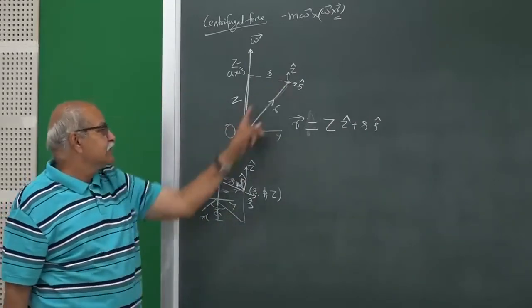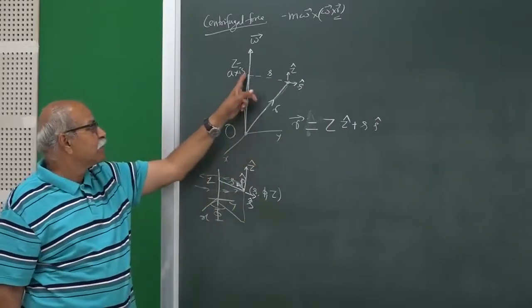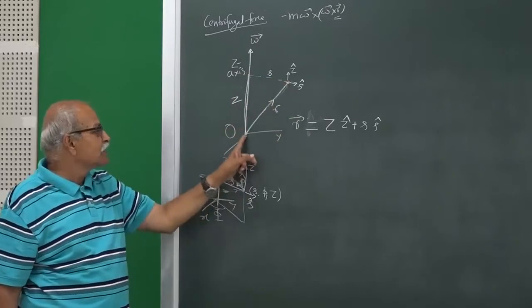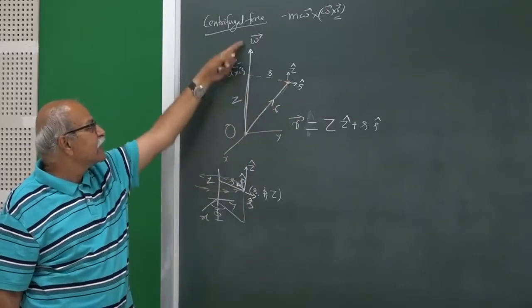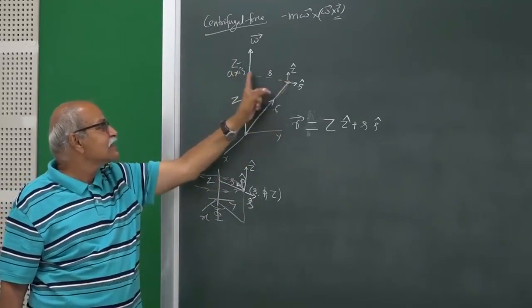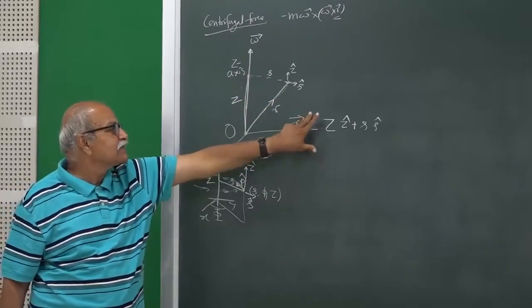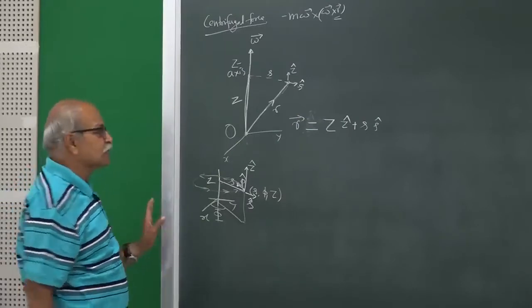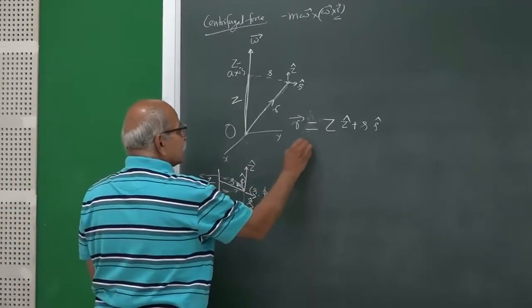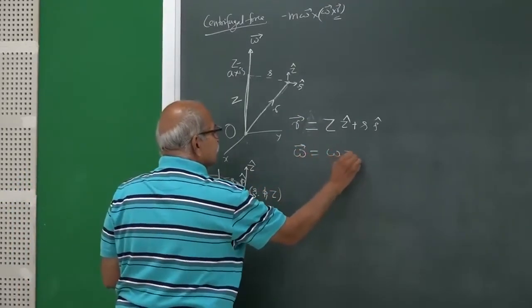So, this vector is this vector here plus this vector here. What is this vector? Z in z cap direction. What is this vector? S in s cap direction, and therefore, you have r vector as this. And what is omega vector? Omega vector is omega in z cap direction.